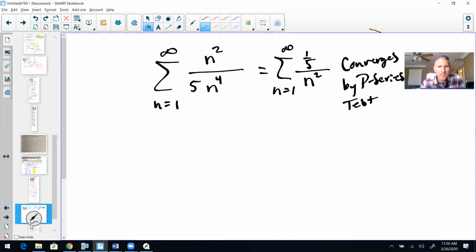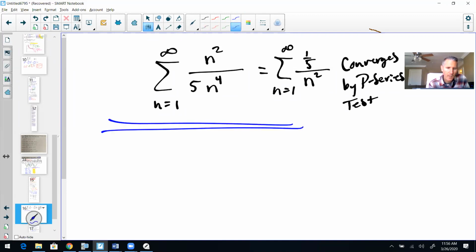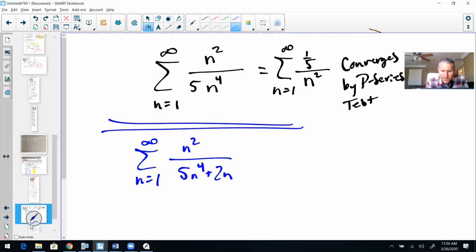However, this is something that I want to point out, okay? So then if we look at the summation as n goes from 1 to infinity of n squared over 5n to the fourth plus 2n, or something like that. When we have polynomials in the numerator and denominator, all you're looking for are the dominant terms of each of the polynomials.